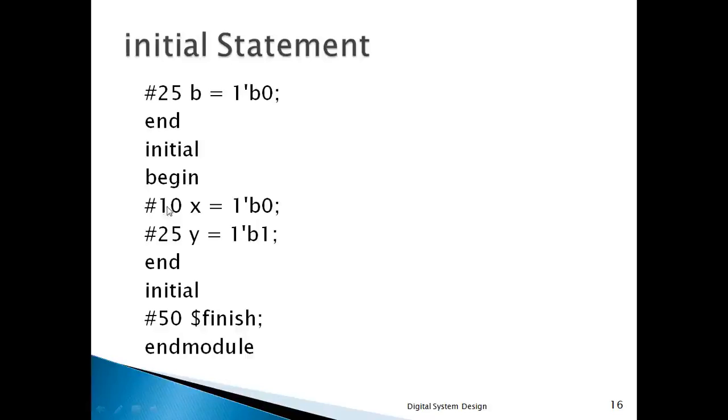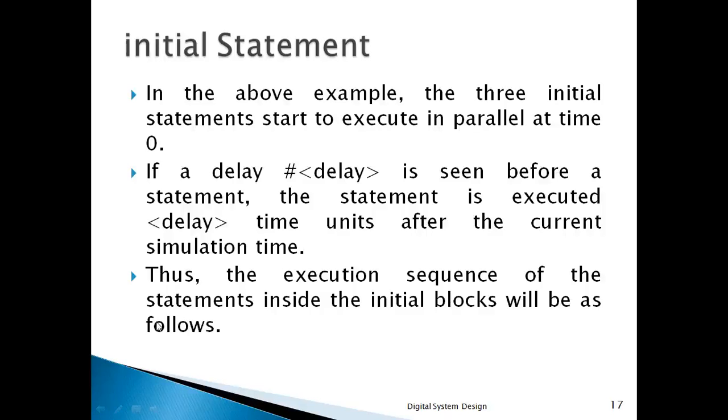Here you see a 10 time unit delay and a further 25 time units, so the total delay will be 35 time units, and this X will be assigned at 10 time units, and this Y will be assigned the value 1 at 35 time units. And in this initial block, this command is executed at 50 time units.